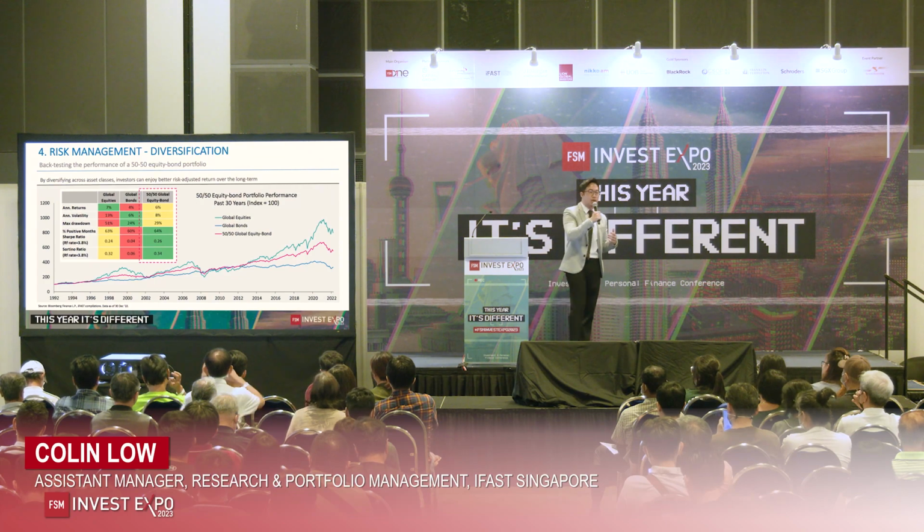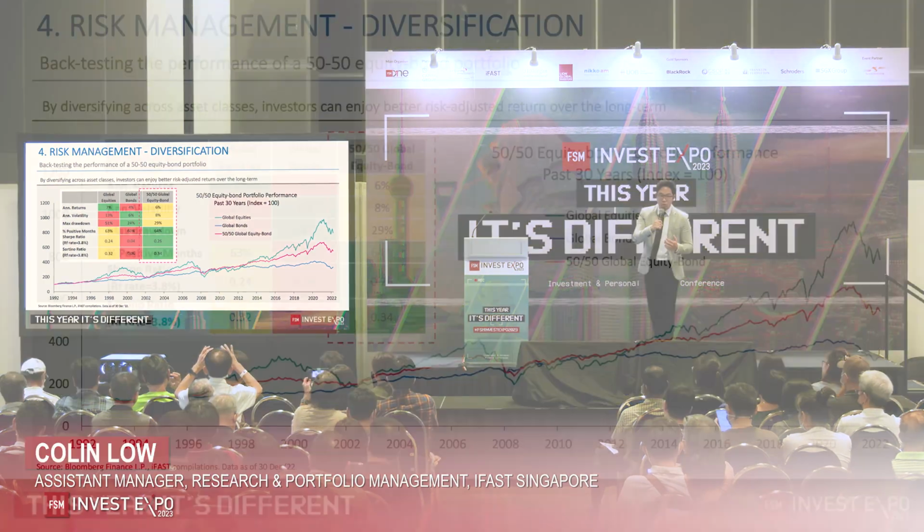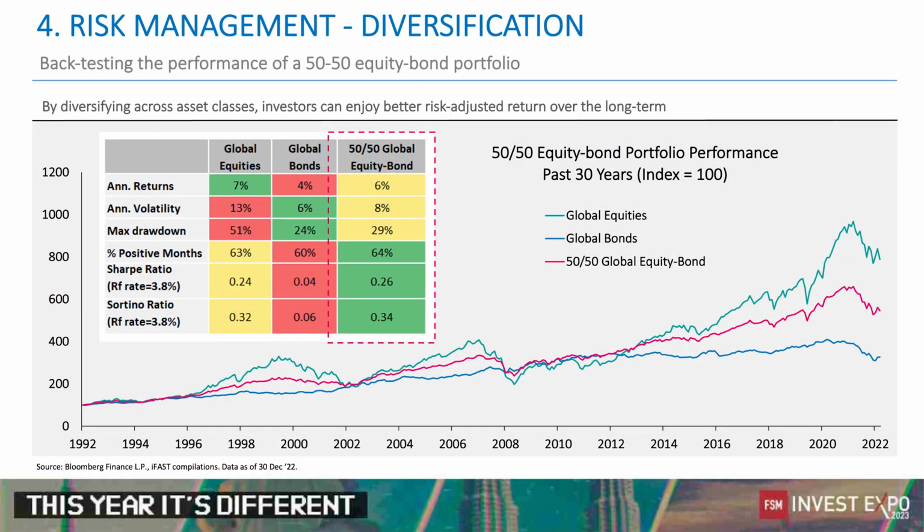So to further demonstrate the benefits of diversification, we backtested and ran the long-term returns of 3 different types of portfolios. Firstly, a global equity portfolio. Secondly, a global bonds portfolio. And lastly, a 50-50 equity bonds portfolio. Over a 30-year period, you can see that the global equity portfolio, denoted by the green line, delivered much stronger returns, but at the expense of greater volatility as well as fiercer drawdowns.